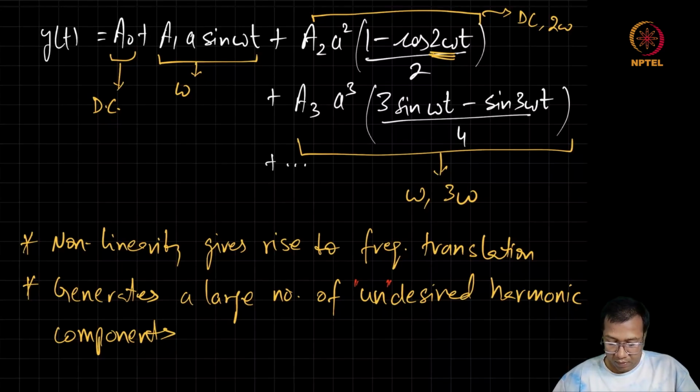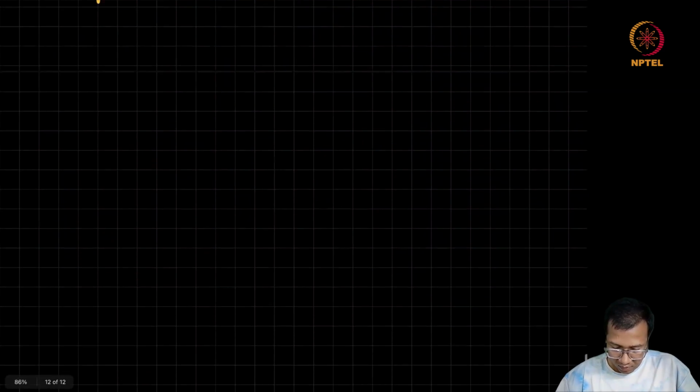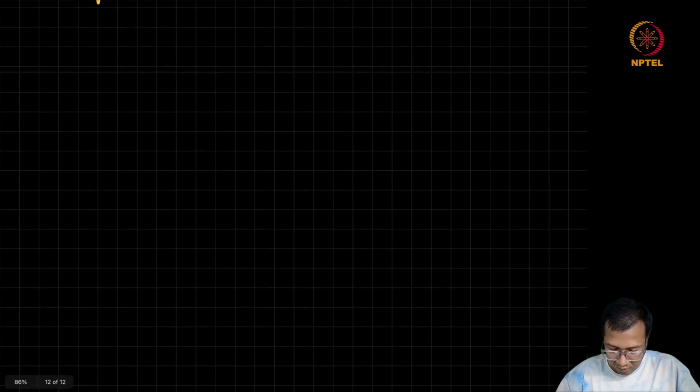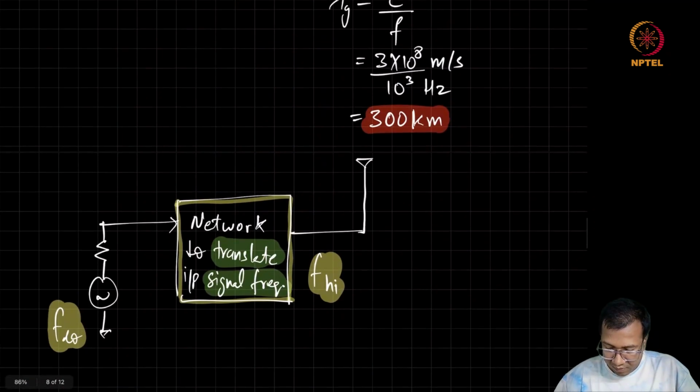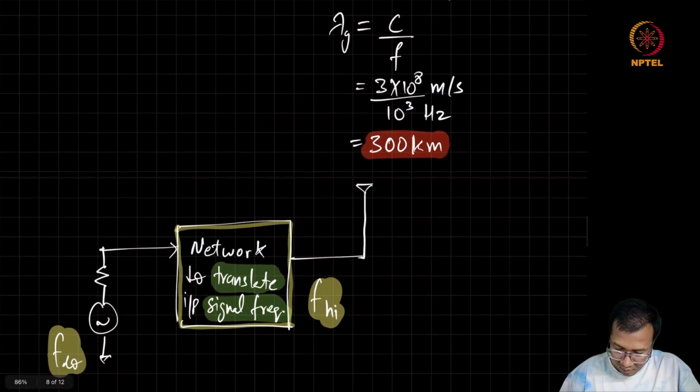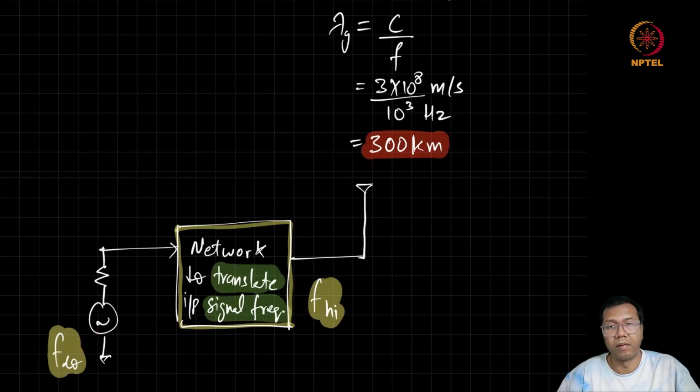So in our application, our frequency is very low, 1 kilohertz, which gives rise to a guided wavelength of hundreds of kilometers. So this we want to reduce to the order of, let's say, meters or centimeters.